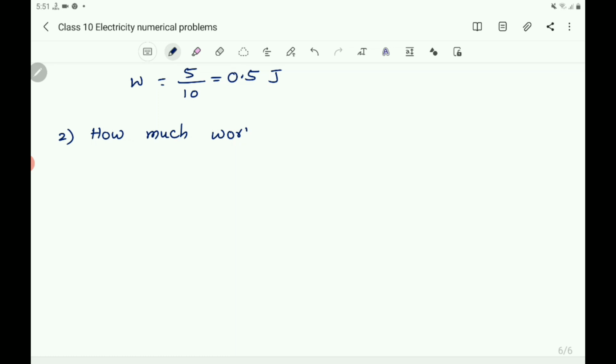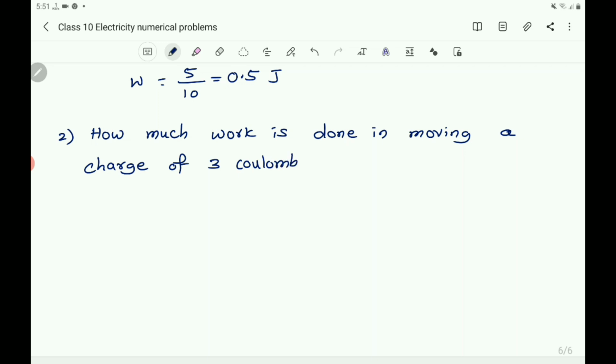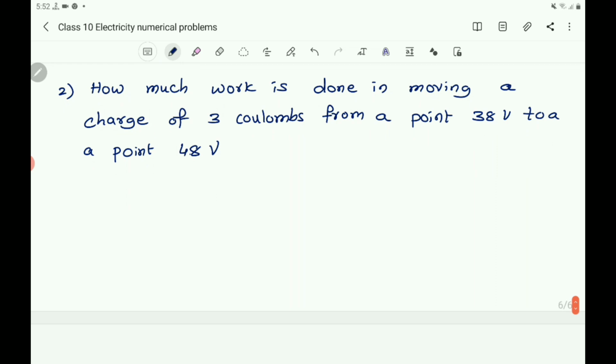How much work is done in moving a charge of 3 coulombs from a point 38 volt to a point 48 volt. Here the potential difference is to be found out.